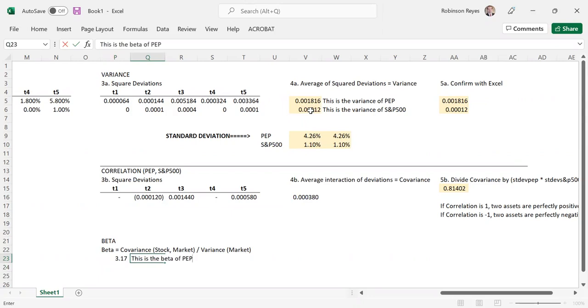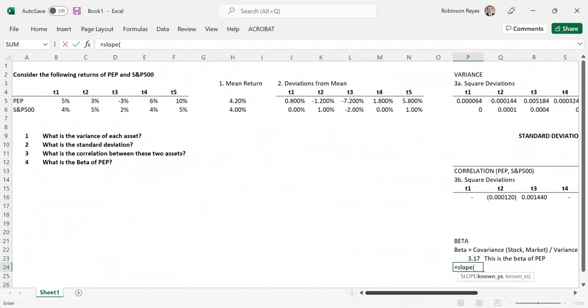When we talk about a stock beta, it's already implied that we are talking about the beta with respect to the market. Now, one quick way of getting beta using Excel is this command, which is slope, because beta can be considered the slope when we regress the returns of Pepsi on the returns of the market.